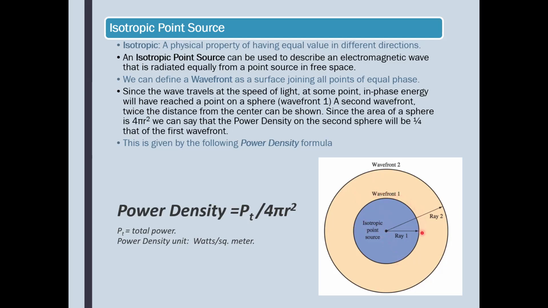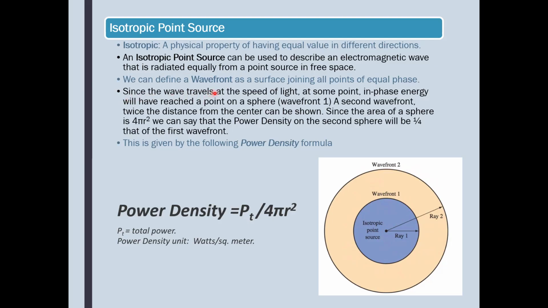So that would be all those waves that reach the peak in phase. And the next time they reach the peak, there's another wavefront. All right, so here's a wavefront. And from the isotropic point, this whole thing just extends 360 degrees.